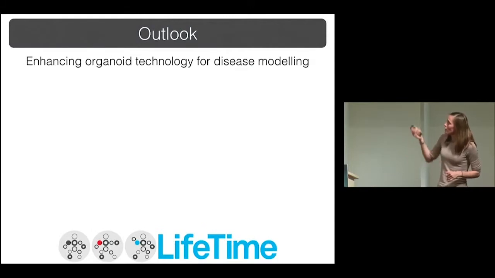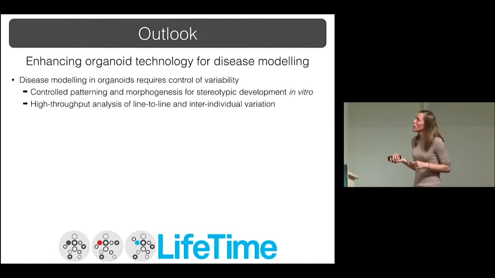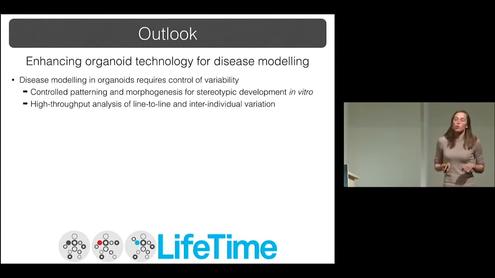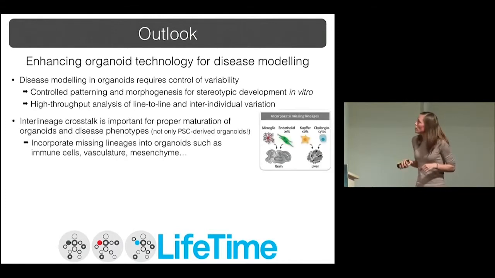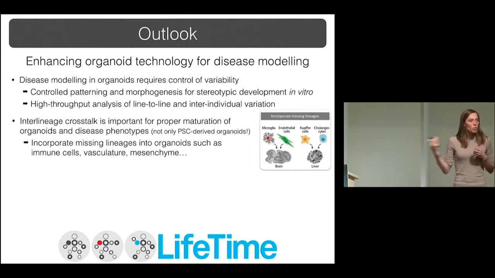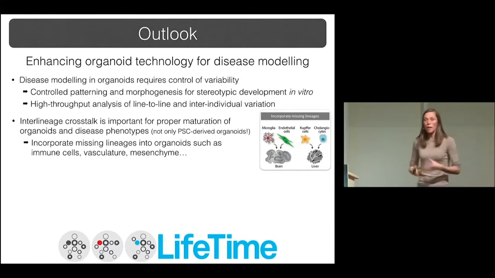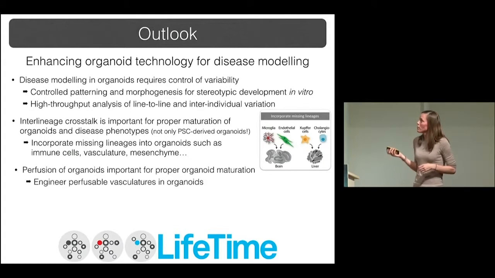And so that's why I think within the lifetime consortium, we should also think about enhancing organoid technologies for disease modeling, which would mean, for example, controlling the patterning of organoids and of the morphogenesis for having a stereotypic development, analyzing the line-to-line variability in way more high throughput than we did so far, and then really have interlineage crosstalk in the organoid, which is important not just for development, also for cancer, to not just have epithelial cells, but also the cancer niche with the mesenchyme and the endothelial cells, the vasculature.